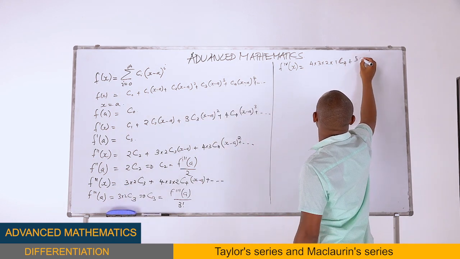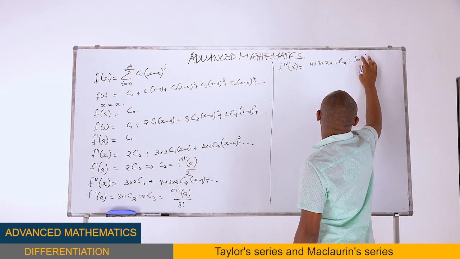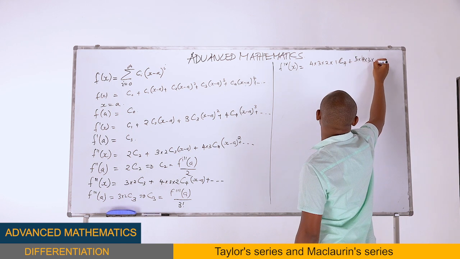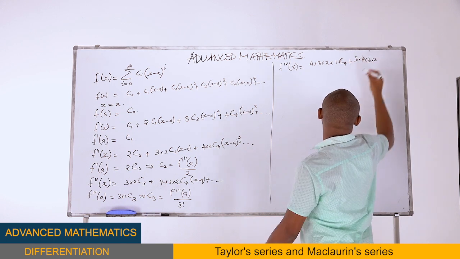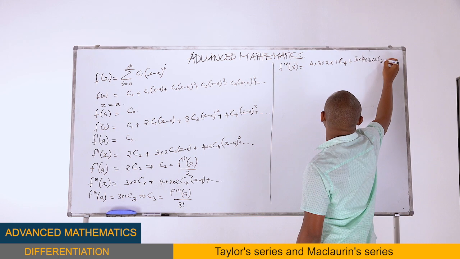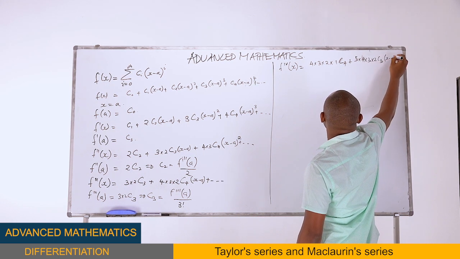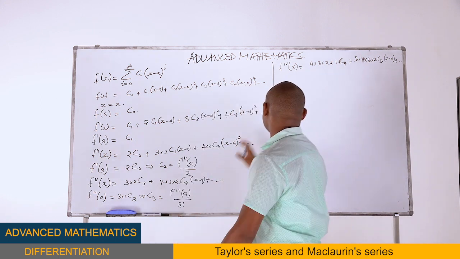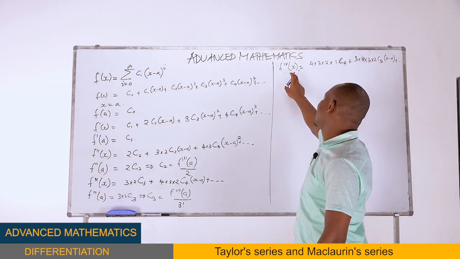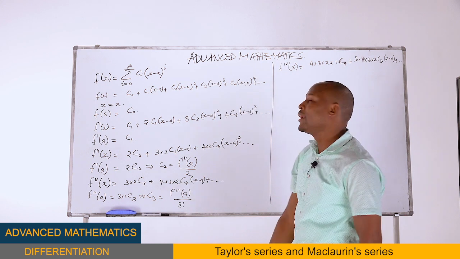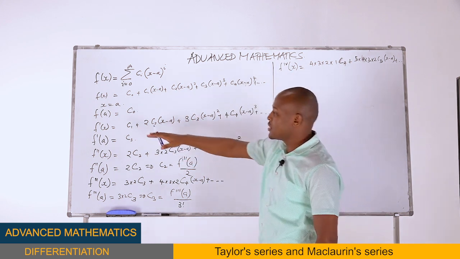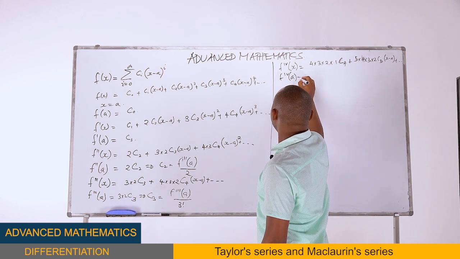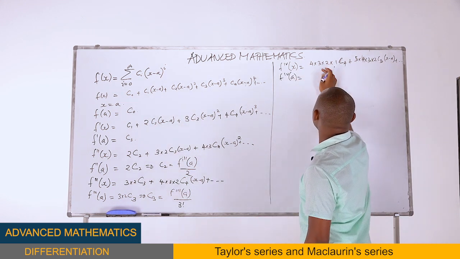It will be a 5. Just practice this: 5 times 4 times 3 times 2, times c sub 5, then x minus a, plus so forth. Now, what is the value when we evaluate that equation when x is equal to a? Because that is what we are trying to do. If we do that, all of that will go, and we will be left with this.